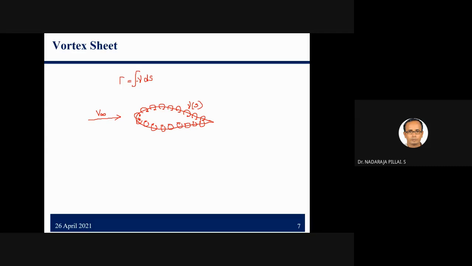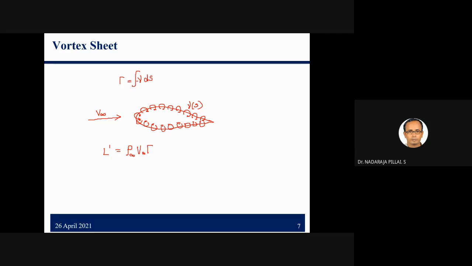So if one wants to calculate the circulation, and finally the lift force L dash, that is lift per unit span, as per the Kutta-Jaworski theorem, we can arrive at L dash is equal to rho infinity V infinity gamma, and this gamma is the integration over the whole S length of gamma into ds.